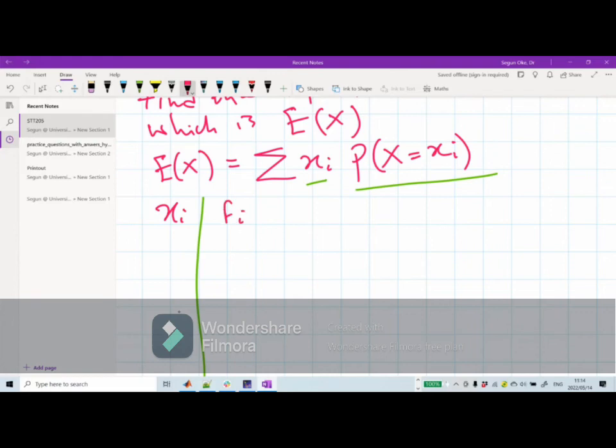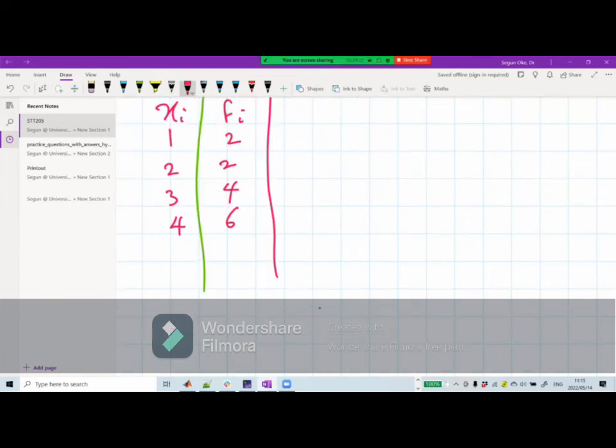Si and fi: 1, 2; 2, 2; 3, 4; 4, 6; 5, 4; 6, 2.